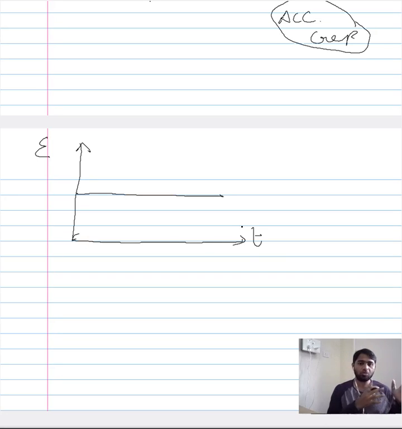Instead of talking about the overall creep curve in a combined manner, I can separate it into different sections and discuss individual sections, because the theoretical reasons for each section are different.